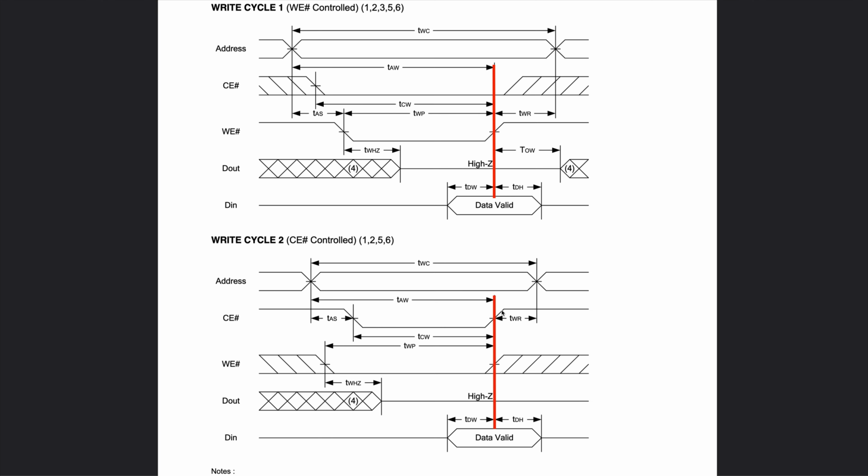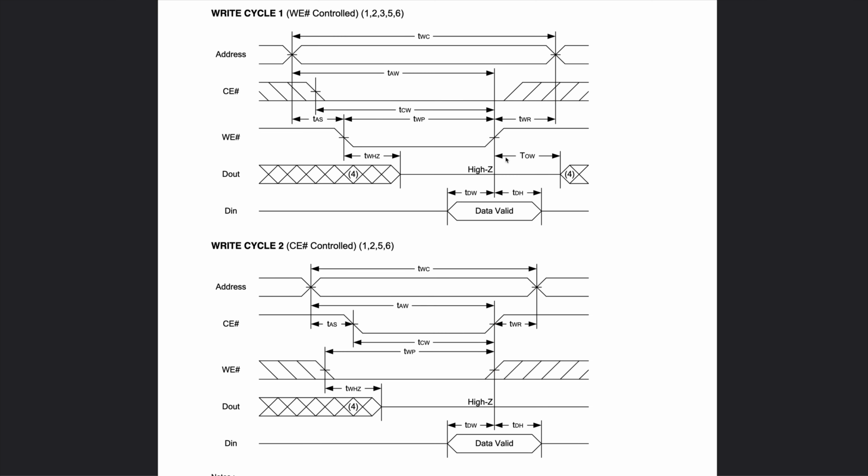And so that's going to be the earliest of the two that are going to be triggering the latch. So one number that is really critical here is the TWR here. And that's the time between the write-enable having a rising edge, so the data being latched, and when we can change the address at the input pins.